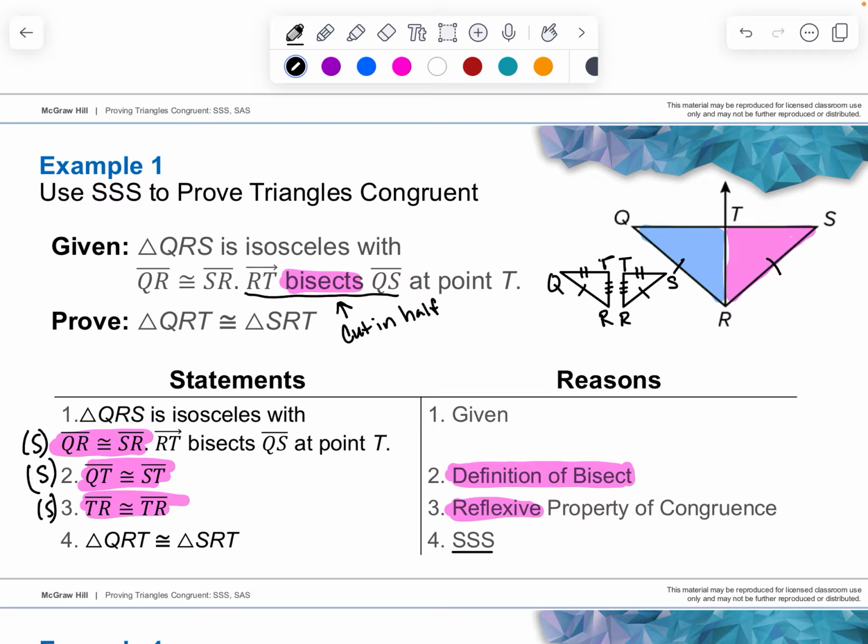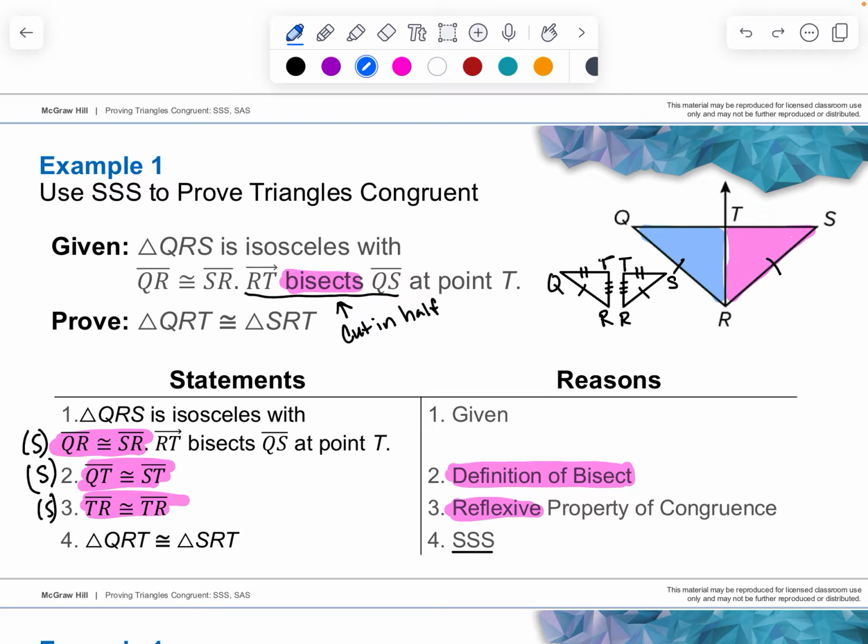It's where something is congruent to itself, where A is congruent to A. It is specifically used in scenarios like this, where TR is in both of the triangles, and you want to tell somebody that it's used in both of them. It's equal to itself because it's in both. All right.